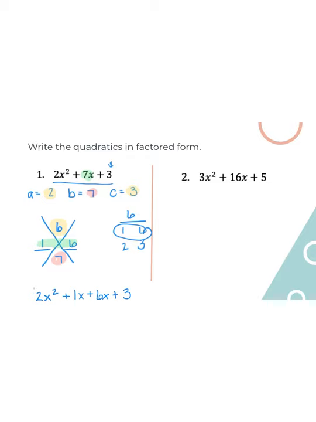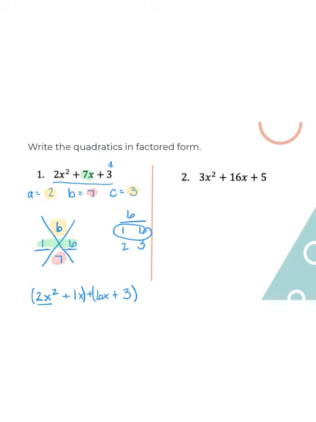I'm going to put parentheses around these first two and parentheses around those second two, and I have to figure out the GCF in the first two and then the GCF in the second two. Well, when I think of what goes into 2x squared and 1x, I know I can take a 1 and an x out of them.